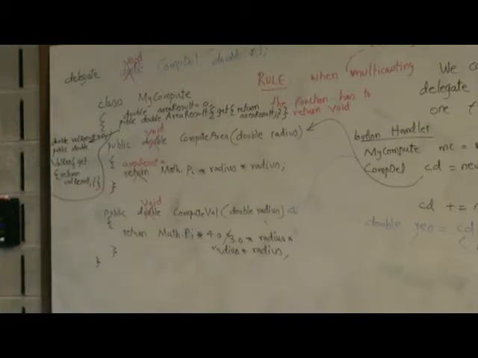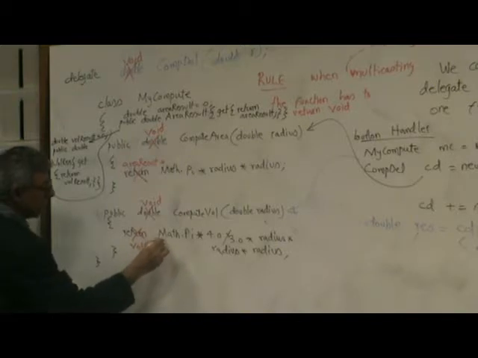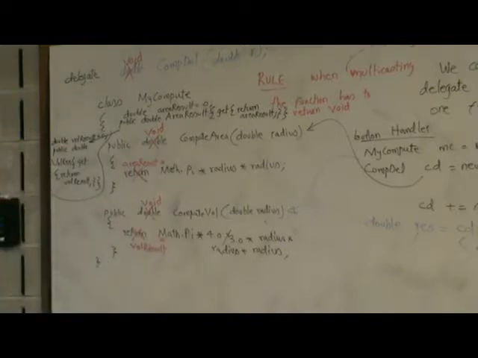Okay, so once I've added one more private field called volume result and exposed it through a read-only property with a capital V, then what will this code change to? It will basically become vol result equal to math.pi.